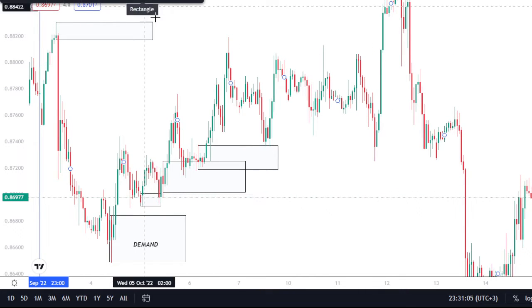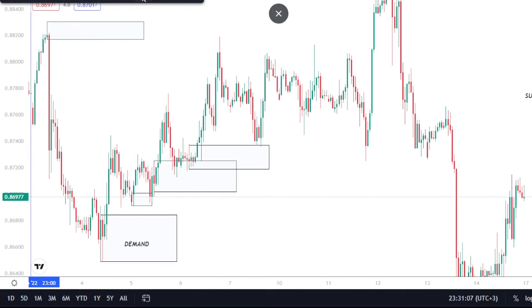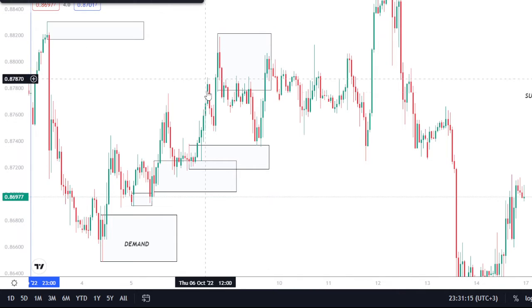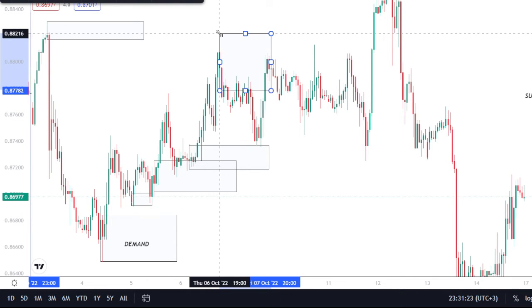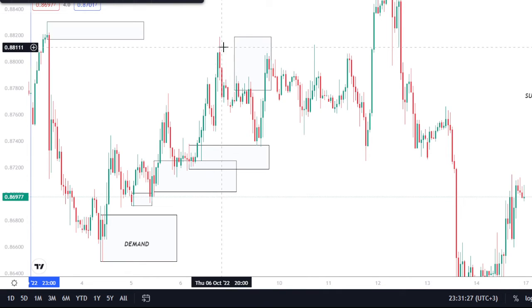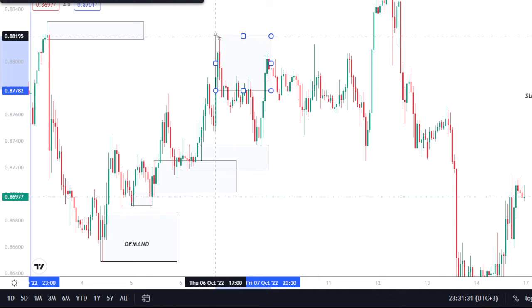For supply zones, we are just saying the same. This is our supply zone, the last bullish move before the sellers came into the price. But you're going to know that the more you go into supply and demand zones, I can tell that a week, this is what we call a week, is on supply and demand zone.